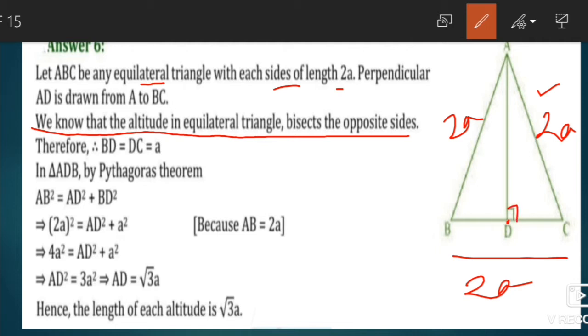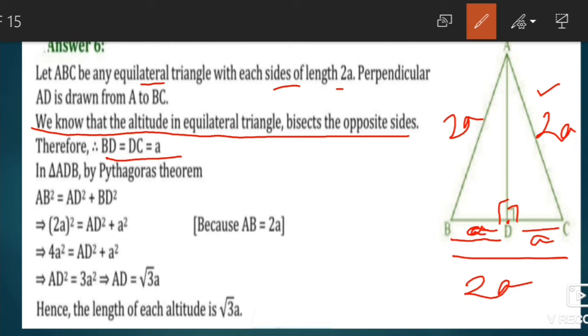Also, angle ADC is 90 degrees and ADB is also 90 degrees. Since D is the midpoint of BC, BD is a unit and DC is also a unit.